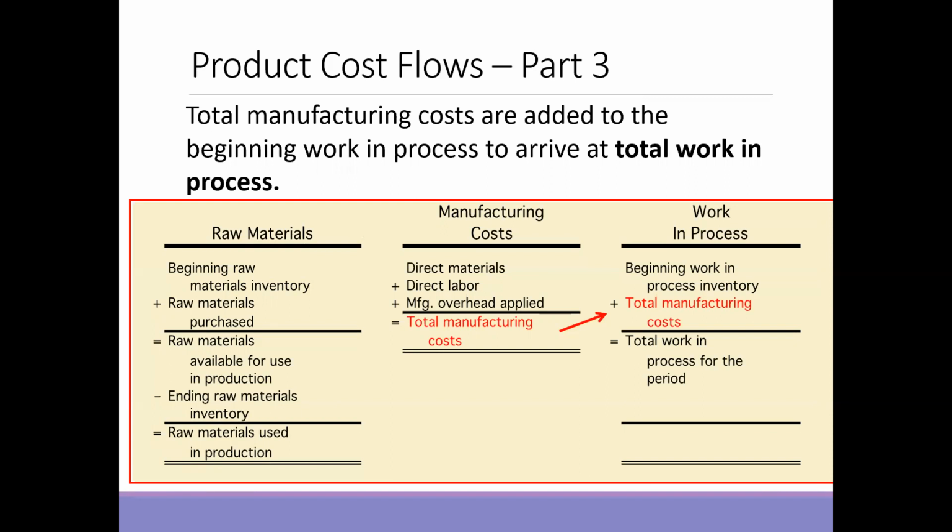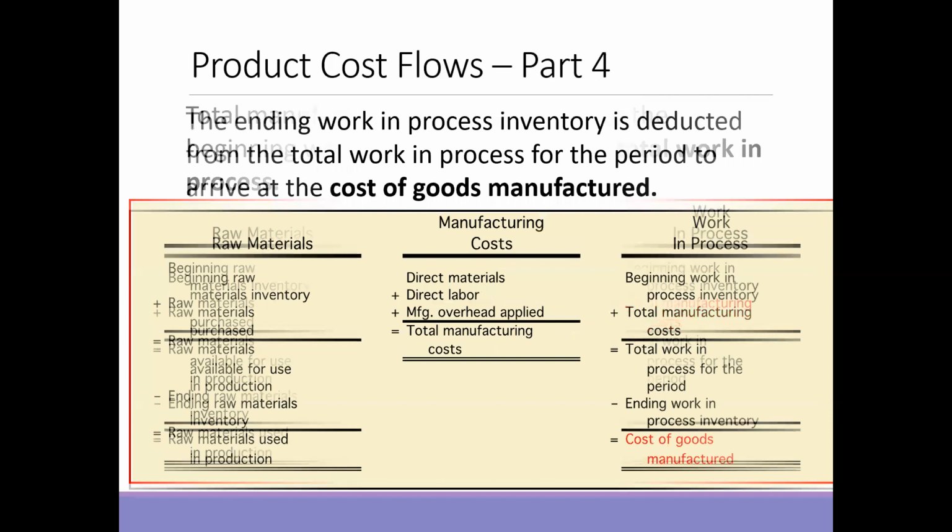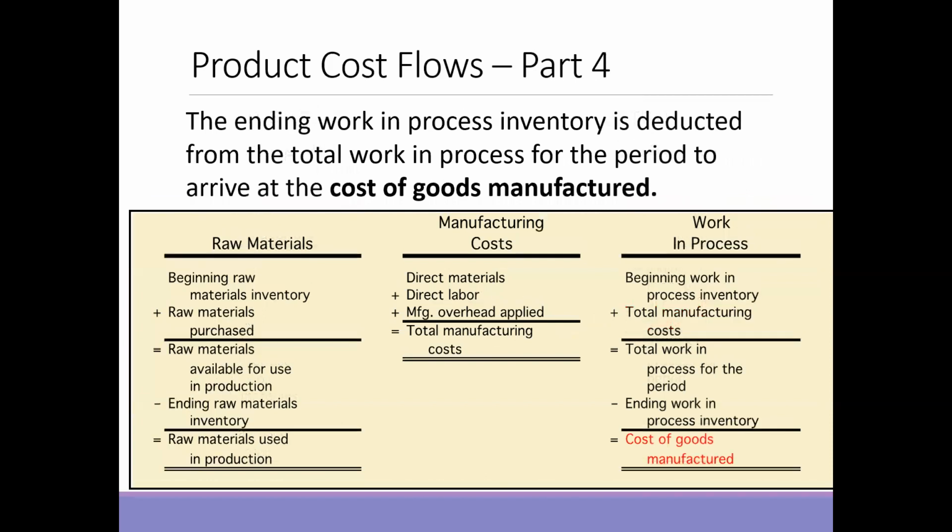So total manufacturing costs are added to the beginning work in process to arrive at total work in process. The ending work in process inventory is deducted from the total work in process for the period to then arrive at the cost of goods that have actually been manufactured, are no longer sitting in work in process. Okay?